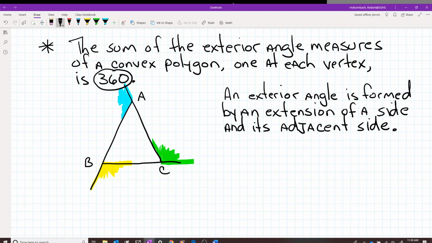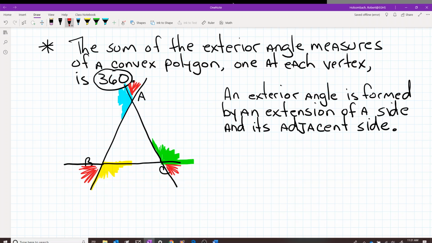Everybody see that? All right, while we're here, I'm going to extend side AB this direction and side AC this direction and side CB this direction. Do you see this red angle here and this red angle and this red angle at vertex B? Those three red angles are all formed by the extension of two sides.